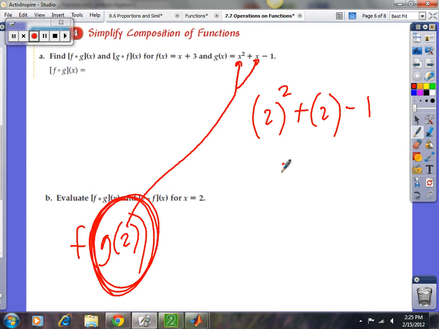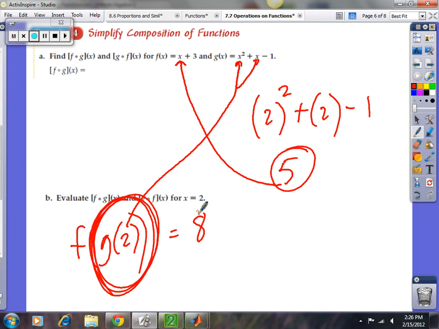Okay, that's 5. Now, what are you going to do with 5? Now you take 5 and you substitute it into f of x, which is 5 add 3. Your answer is 8.